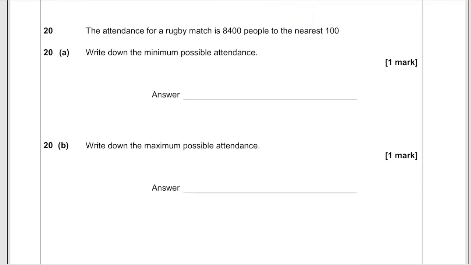If we look at question 20, write down the minimum possible attendance. Well, if there's 8,400, then the lowest possible attendance that would round up to that is 8,350.